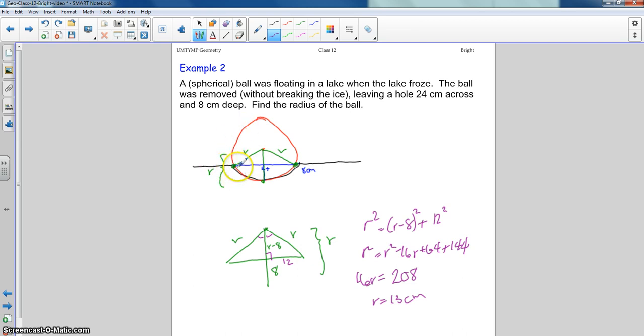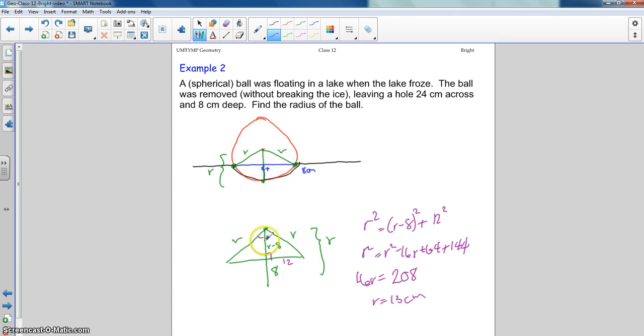sphere with the lake, and that was at these 2 points, and that distance from the center of the ball was r units. Okay, and now with that in mind, what I said was that, if this is 24 centimeters across, I'm going to construct this other point from the center of the ball to the very bottom of the divot.